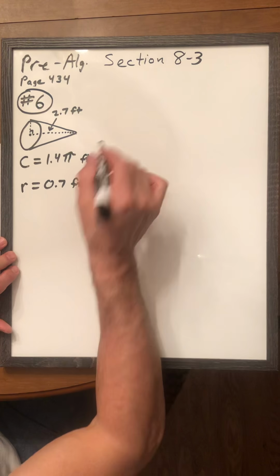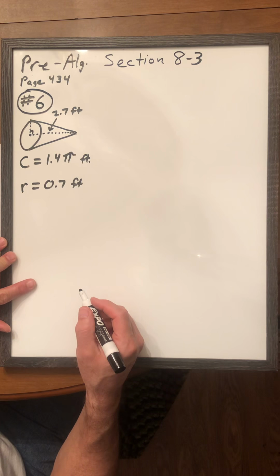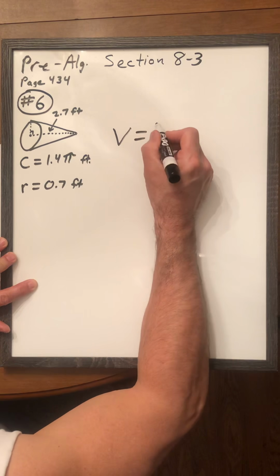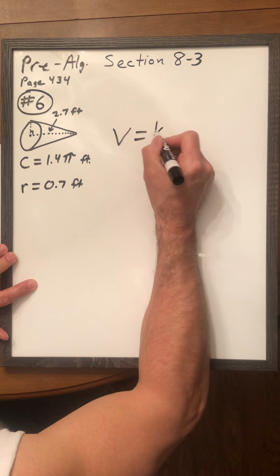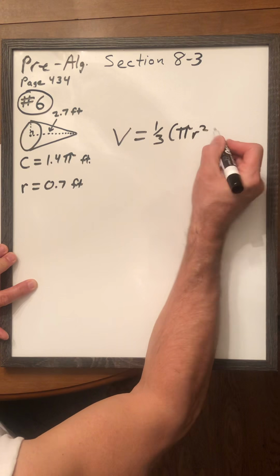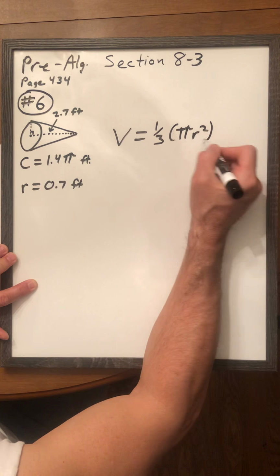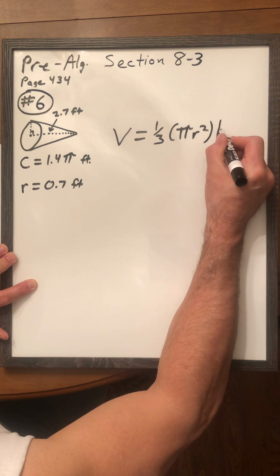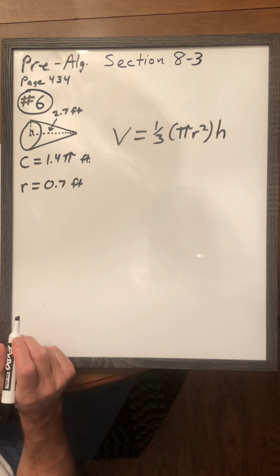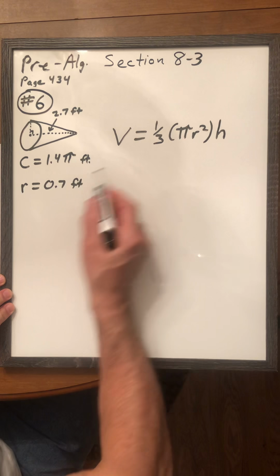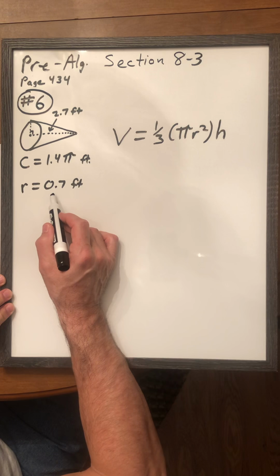Now, what we always do, we write down the formula. So the volume for a cone is 1/3 times pi r squared, which is the area of a circle, since it has a circle base, times the height. In our formula, we needed the radius, which we found, so I can plug that in.